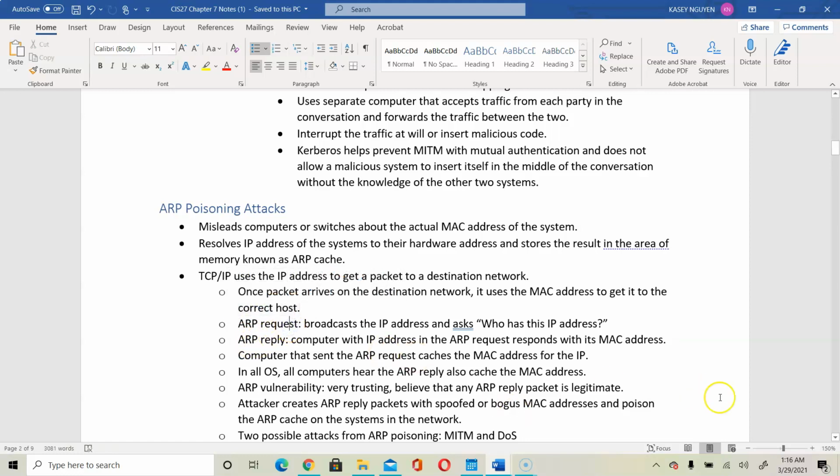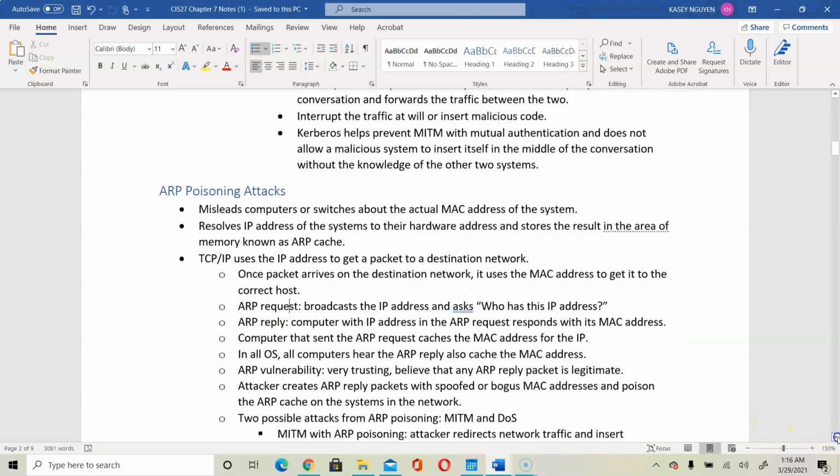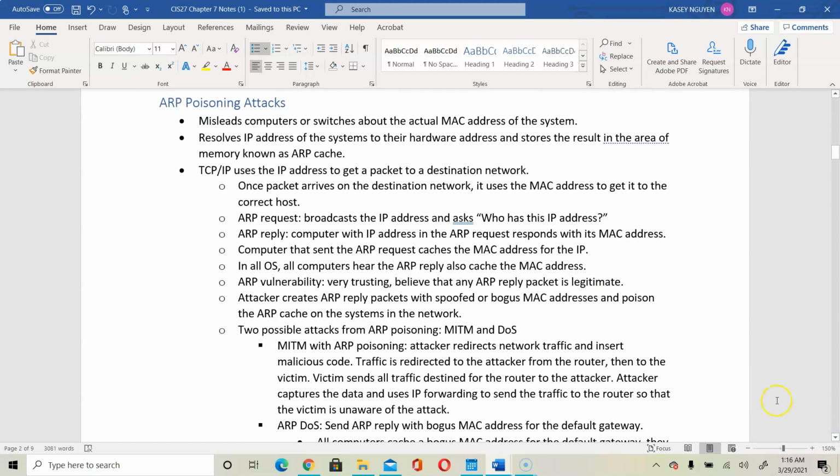And in that, we would see an ARP request. This is a broadcast, which means it's sent to everyone, and it says, who has this IP? The system that has that IP, the computer, would then respond with its MAC address. It would say, me, I'm at this address.